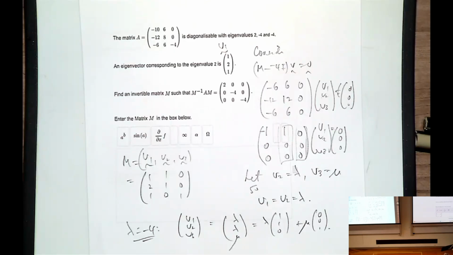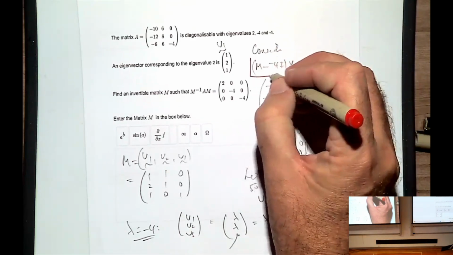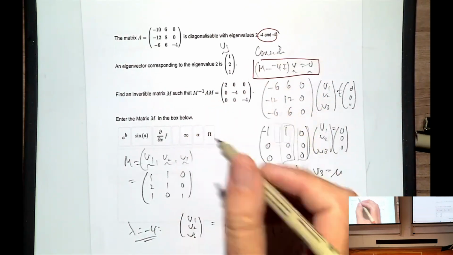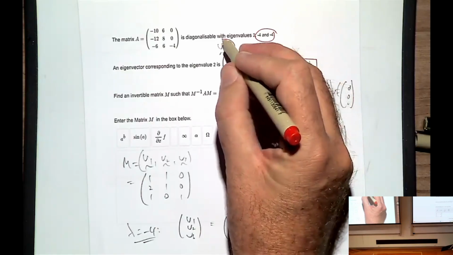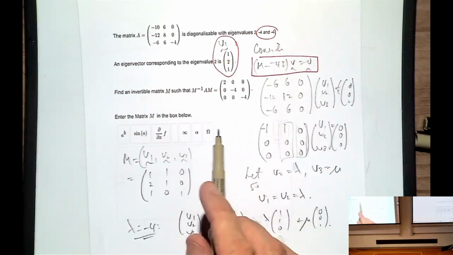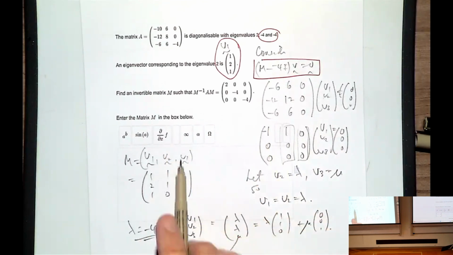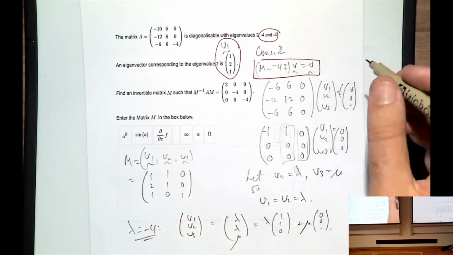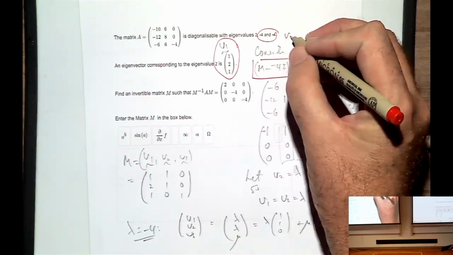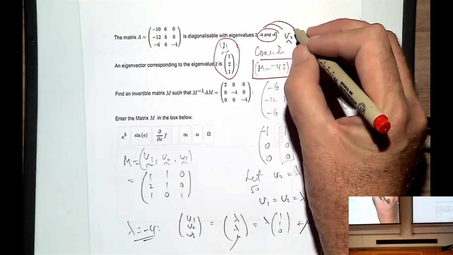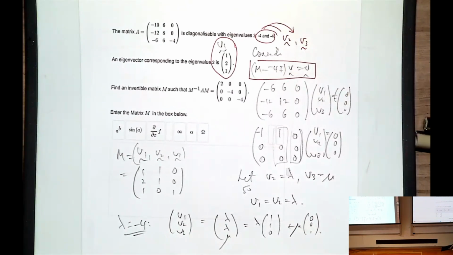I started with this because this is going to be the first row of my matrix, and then I want to get two other columns, these vectors from here.